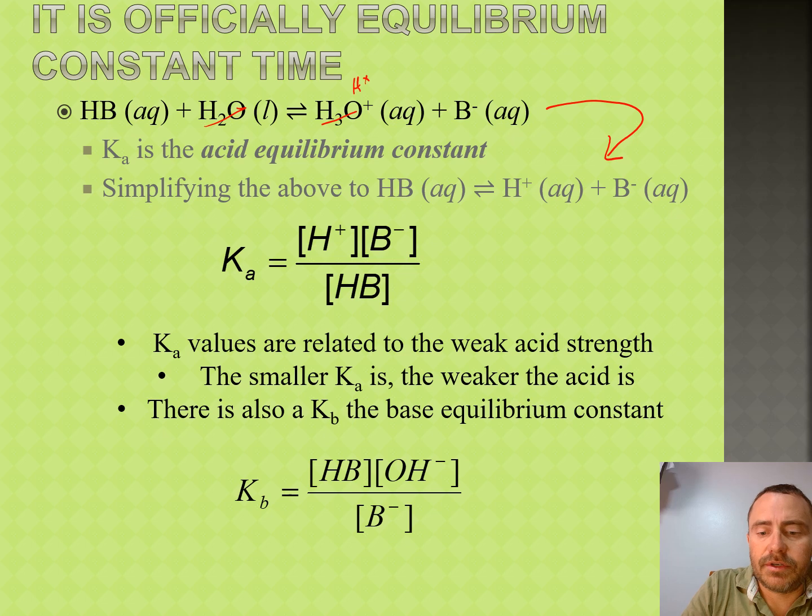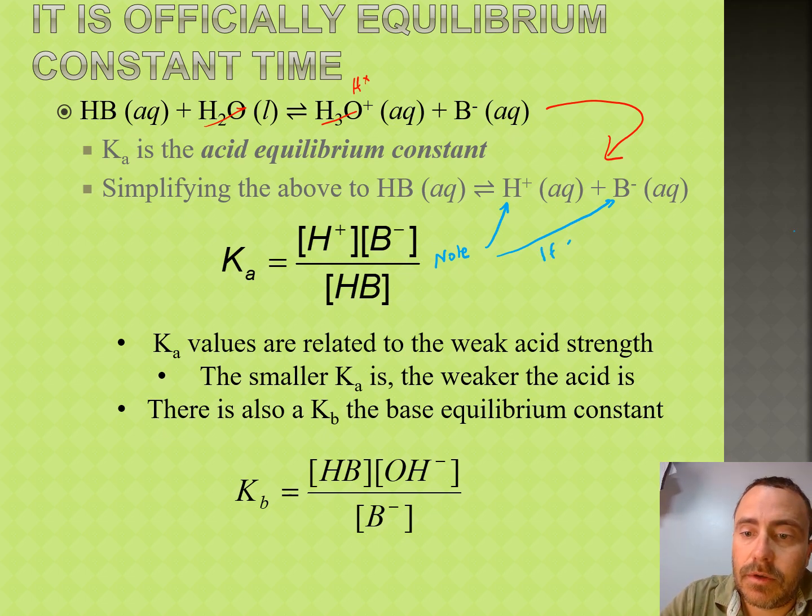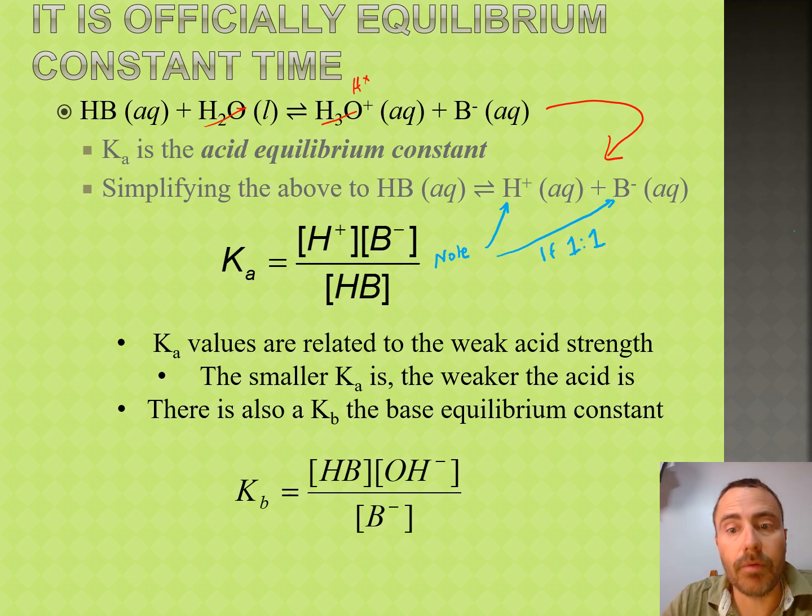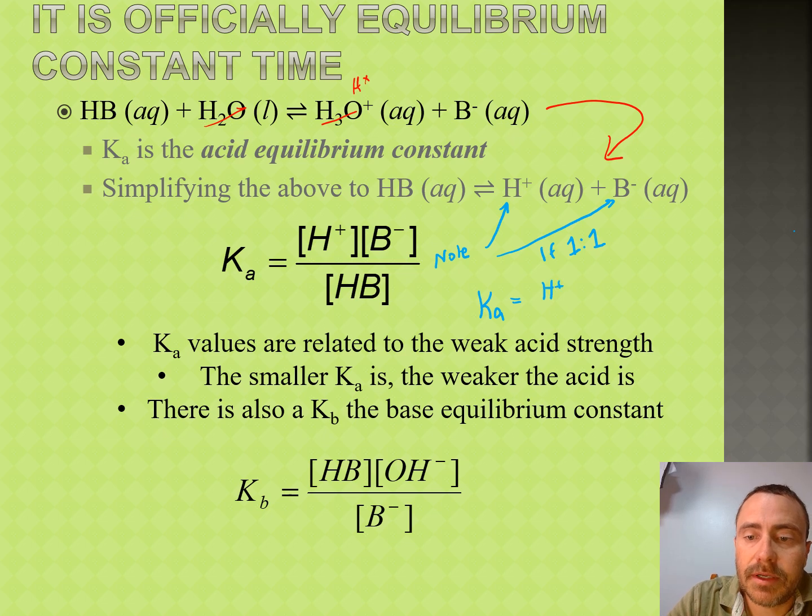Okay, I want us to note in here that H+ and B- are usually 1-to-1 ratios. If 1-to-1, which they will be most of the time, then I can simplify this to say that Ka is equal to H+ times a value that's the same as H+, which would be like saying H+ squared divided by our HB.